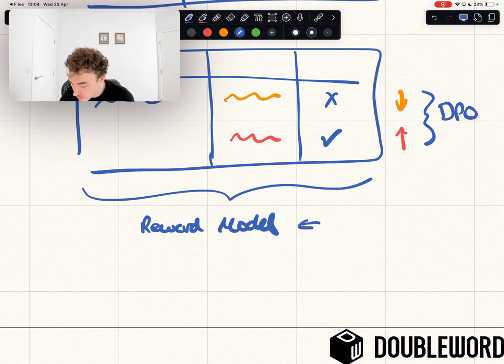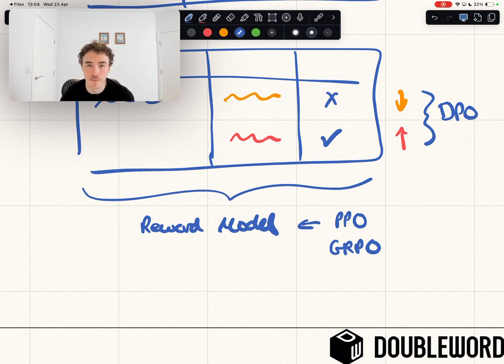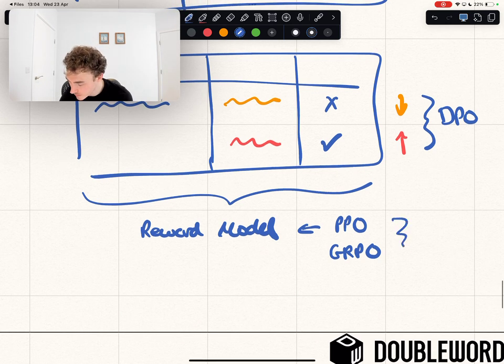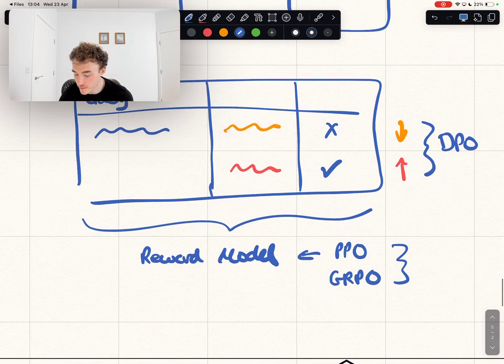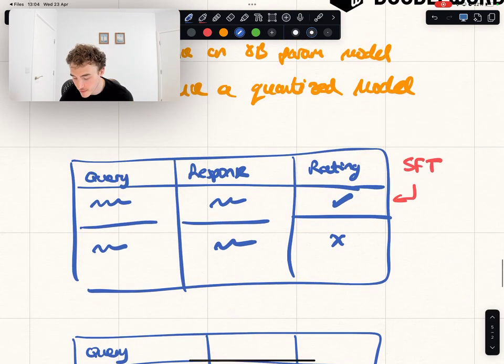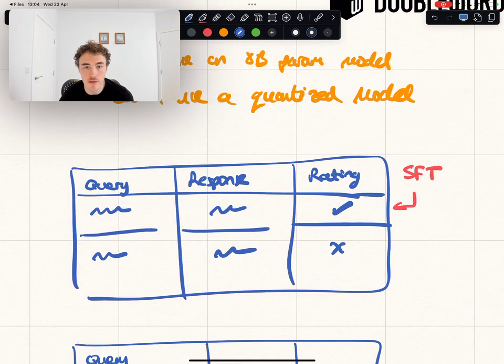So you can use a method like PPO or GRPO from the DeepSeek team and improve the model online against this reward model. And so this would be the best way of really squeezing out all performance possible from a smaller model. But it's only possible if you've been collecting this user response data.